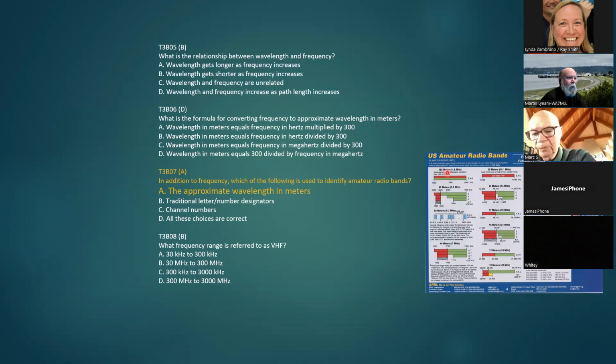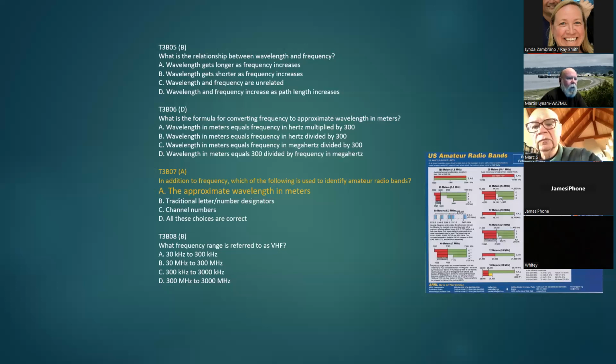The 160 meter band, where the distance between the peaks of the waves is 160 meters, which is over 400 feet, to the frequencies you would normally use as an emergency communicator, the 2 meter band and the 70 centimeter band, 144 megahertz and 420 megahertz bands.